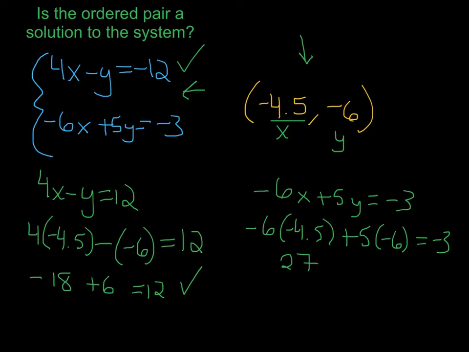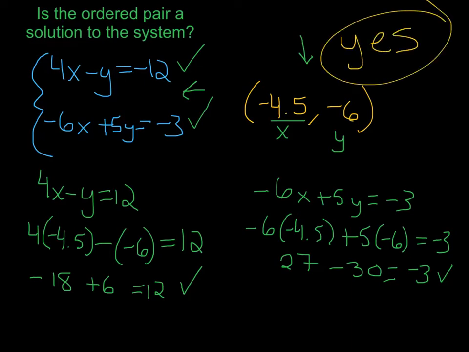And then 5 times negative 6 is a negative 30. And 27 minus 30 does equal negative 3. So it works for both equations. Therefore, this ordered pair is the solution to the system. If you were to graph this equation, the point of intersection would be this one.